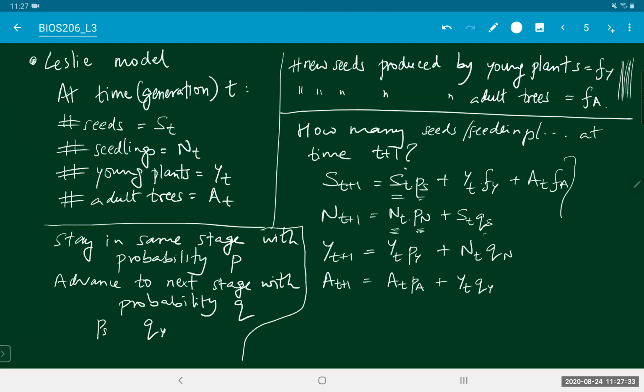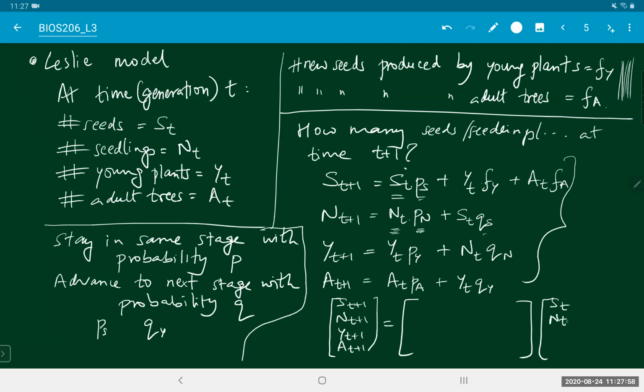So now these are my 4 equations, and I want to try and write them down in matrix form. So I will say S t plus 1, N t plus 1, Y t plus 1, A t plus 1 is equal to something times what was in the previous generation.